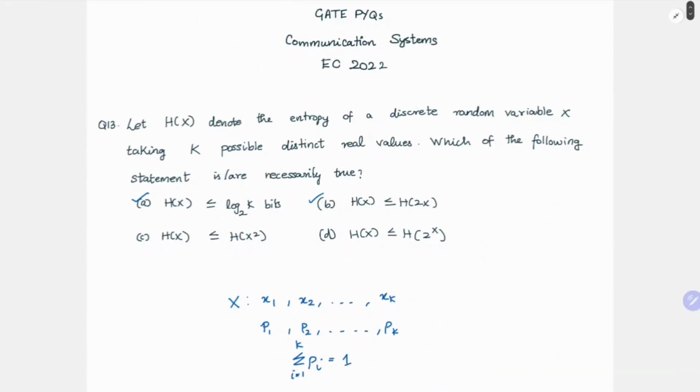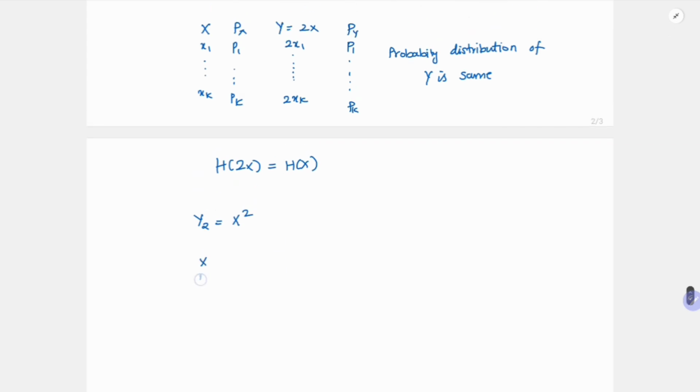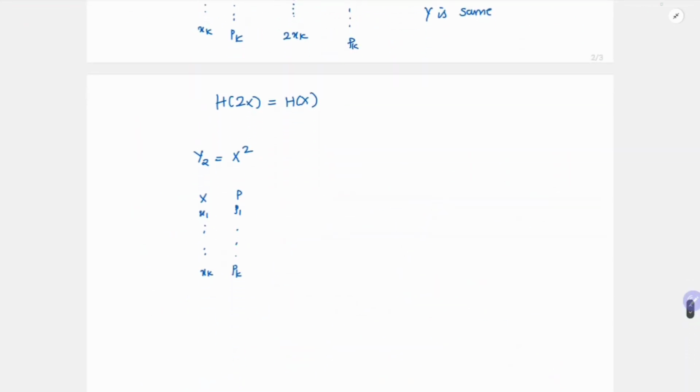So next, the third one, h of x is less than or equal to h of x square. Here you have to be careful. Here I am defining, let's say, y equal to x square. Now x, let's say, takes values x1 to xk, and the probabilities are p1 to pk. If you see here, these x values are real, and real means they can be positive and negative.